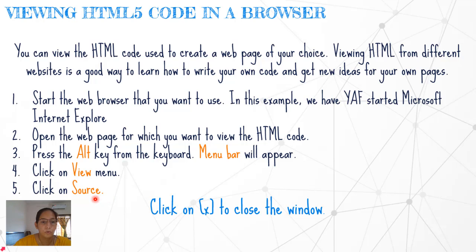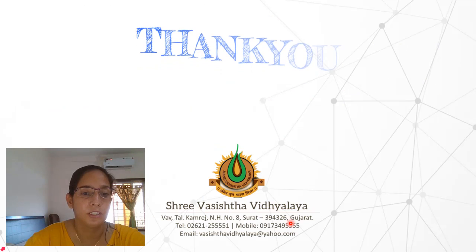Once you select the Source option, it will display the HTML code, showing how this web page is made and what coding is written here. Once you have done, to close it, simply click on the cross symbol to close the window. Here we come to the end of the slide.